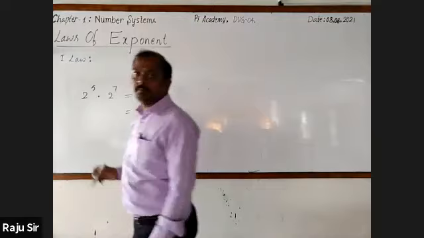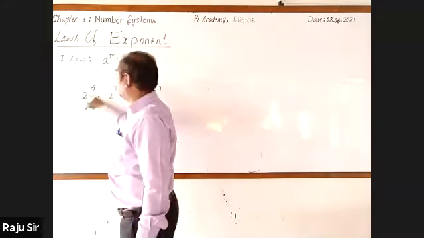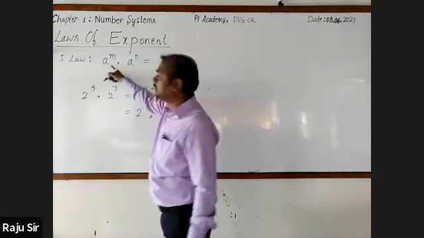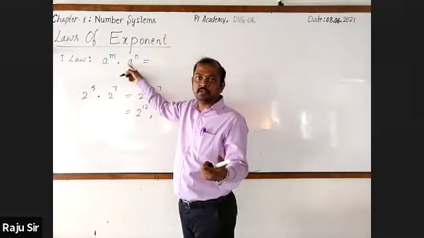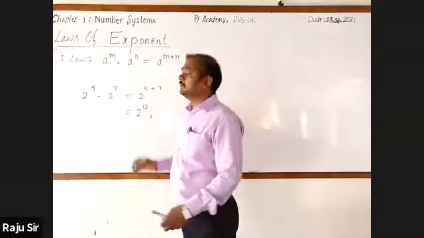Generally, it can be written as a raised to the power m into a raised to the power n. The bases are the same, the powers are different, m and n. It becomes a raised to the power m plus n.